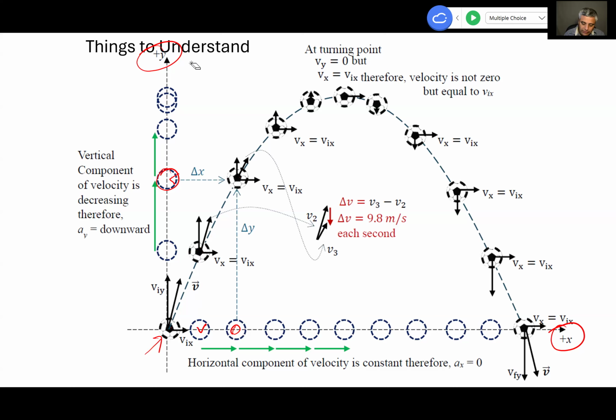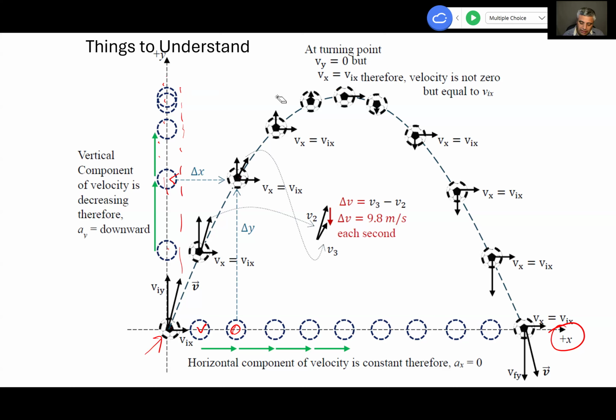If we follow this ball, we see that along the vertical direction, the motion diagram tells us it's slowing down, eventually stops at the highest point, and then starts coming down. That is the vertical motion of the projectile.